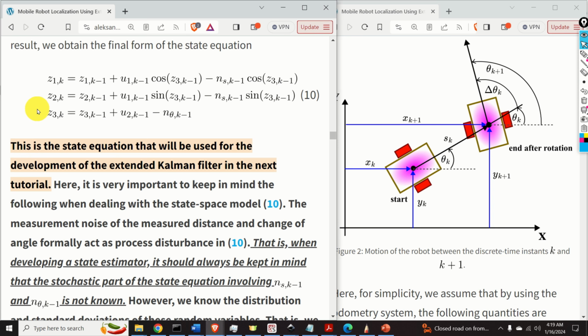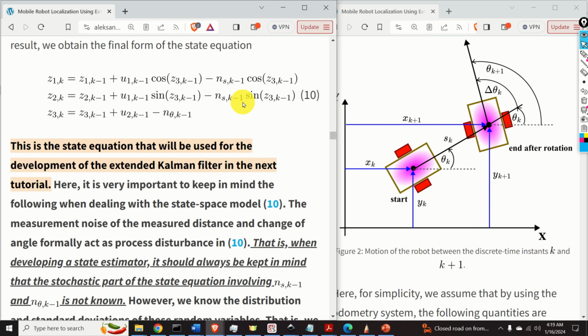Here, it's very important to keep in mind the following when dealing with this state space model. The measurement noise of the measured distance and change of angle formally act as process disturbance in this set of equations.